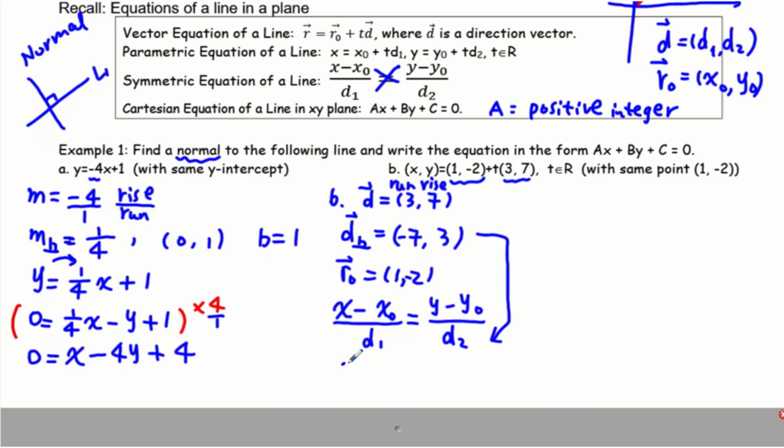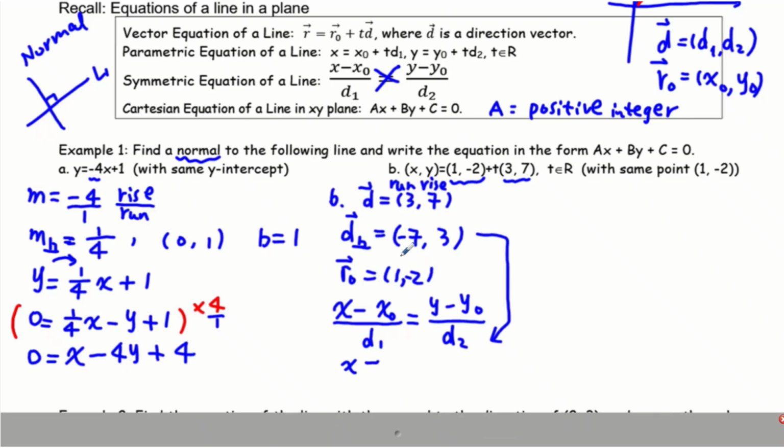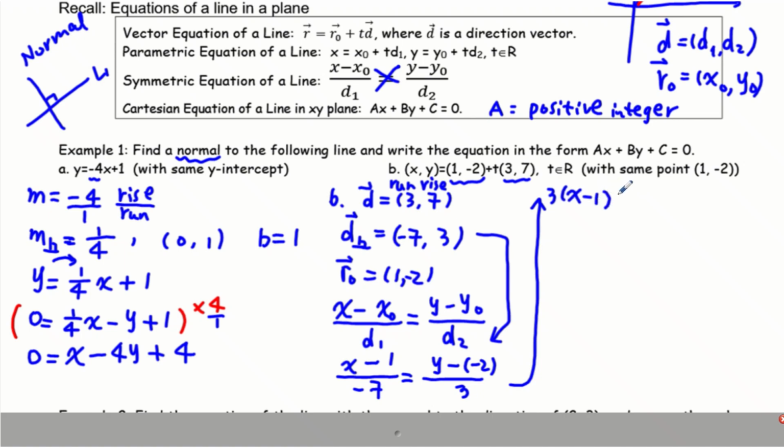So x minus x0 is 1 divided by d1 equals y minus y0 is negative 2 minus negative 2 divided by 3. Then cross multiply, we are going to have 3 times x minus 1 equals negative 7 y plus 2.